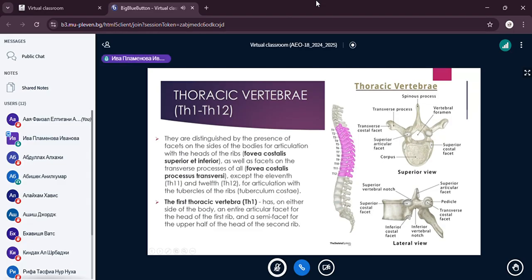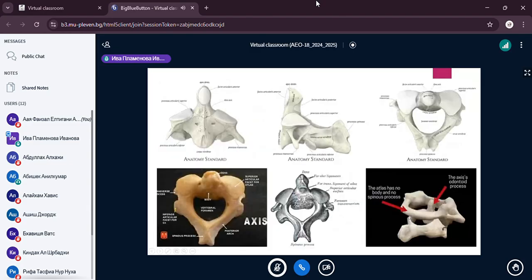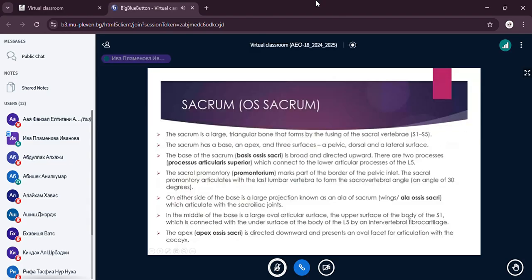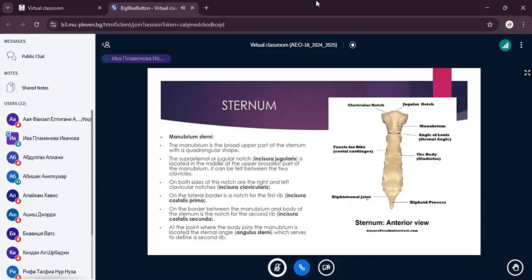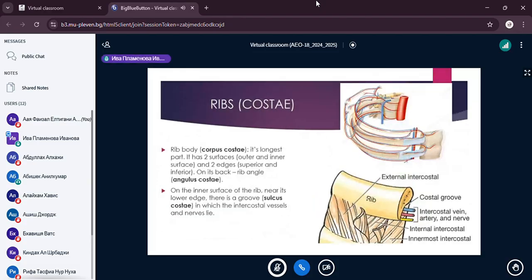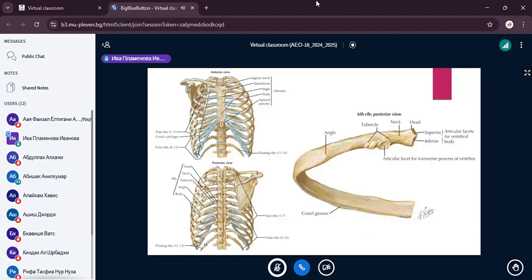So, for example, wait a minute. Not here. Maybe, no. I can't see. Oh, you can see here. That's the first rib.